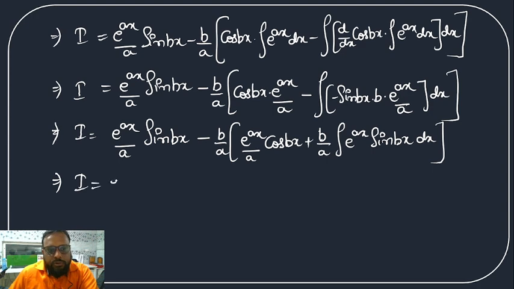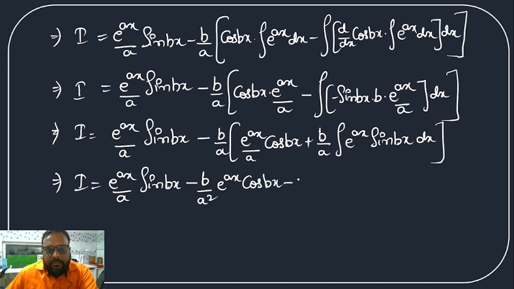I equal to e to the power of ax by a sin bx minus, simplify by opening the brackets here. This becomes b by a square e to the power of ax cos bx minus b square by a square, one more step we'll write here, integration of e to the power of ax sin bx dx.